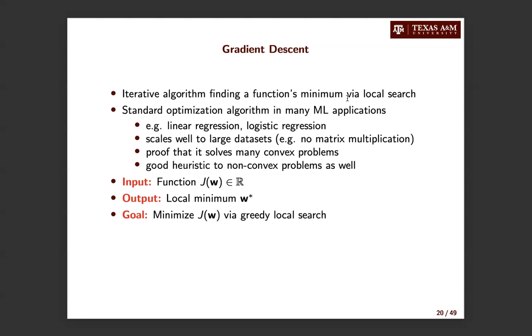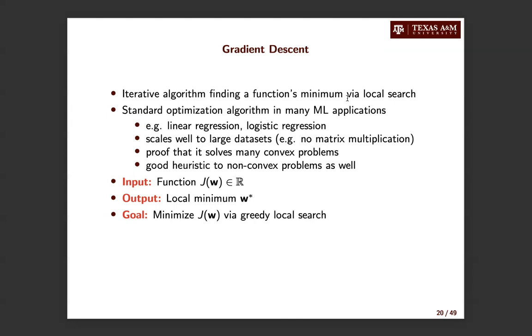This vector w can belong in a d-dimensional space, while this function J of w at the end will have a scalar form. So we would like to find the minimum of this function J with respect to w. And the goal of gradient descent is to do so via a greedy local search.